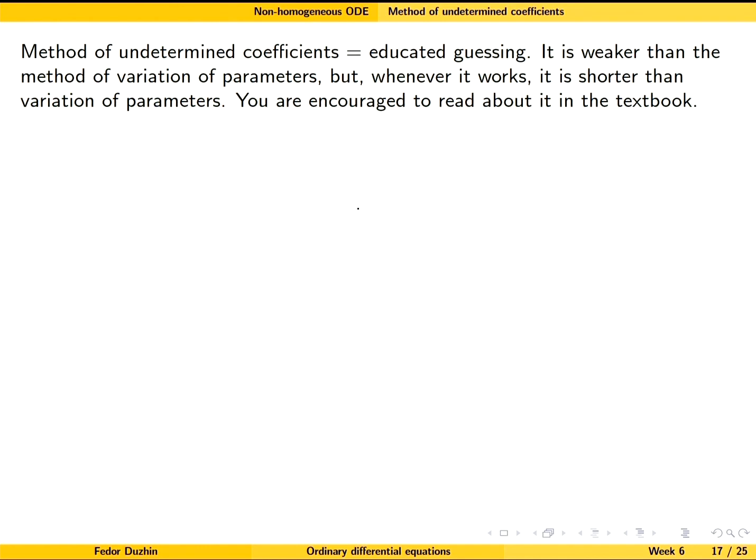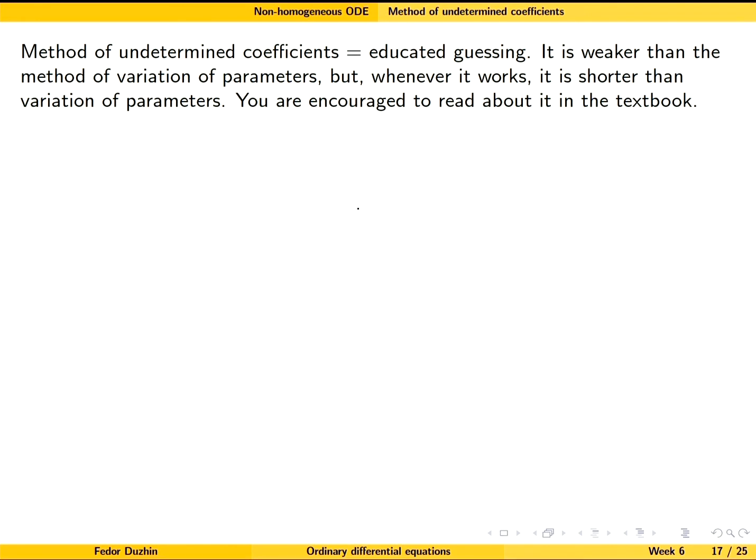The alternative is called variation of parameters. And in the remaining part of today's lecture, I'm going to explain variation of parameters. It is a very complicated method, but it has some very beautiful ideas, which is why I really want to explain it. Another thing is variation of parameters is a general method, so it works all the time. If you give me any crazy functions, variation of parameters is going to work.